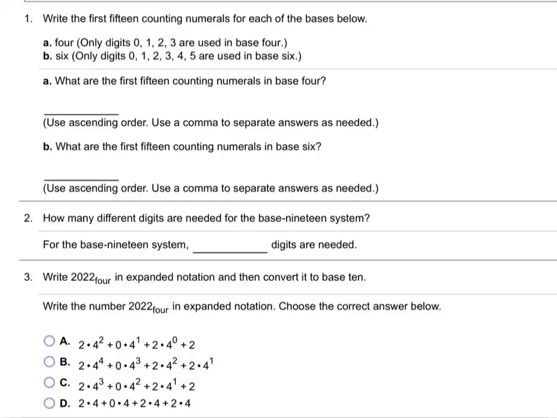Let me show you if you're ever... So it's saying base 6. So base 6. Can you write the first 15 numbers? Let's just do a few of them, and I'm going to jump away to another problem because I need to show you something else in our last 6 minutes here.